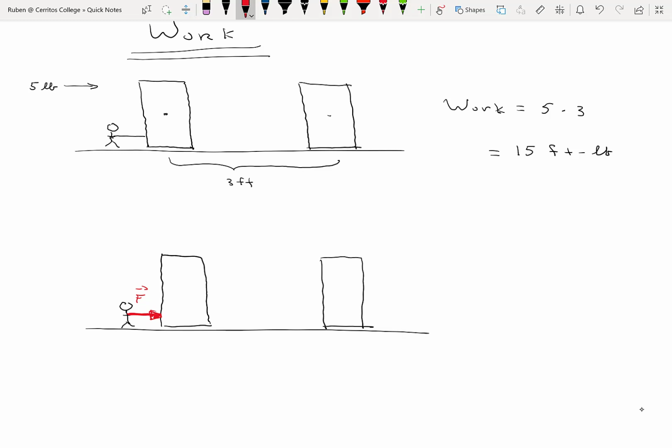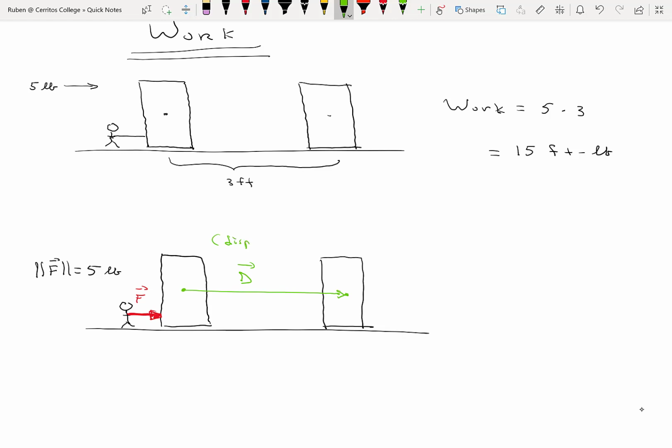And we know that the length of the force vector, the magnitude of the force vector, is 5 pounds. And I'm going to introduce another vector. I'm going to introduce, let's say, a vector in green from the center of the refrigerator in its initial position to the center of the refrigerator in its final position. I'm going to call that green vector D for displacement.